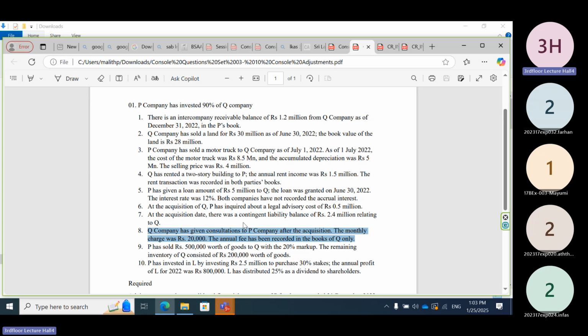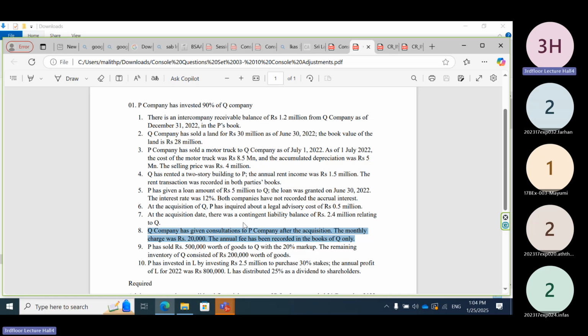Here we have the outside party, sold for 50,000, right? So now we are going to do the consolidation. Consolidated P&L.